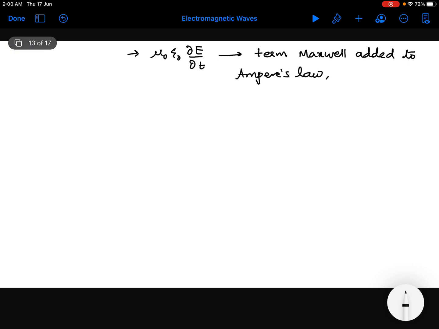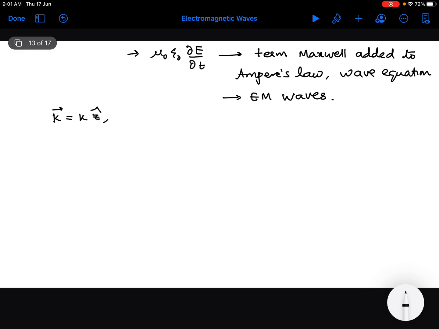Because of this we obtain a wave equation, and subsequently we studied electromagnetic waves.